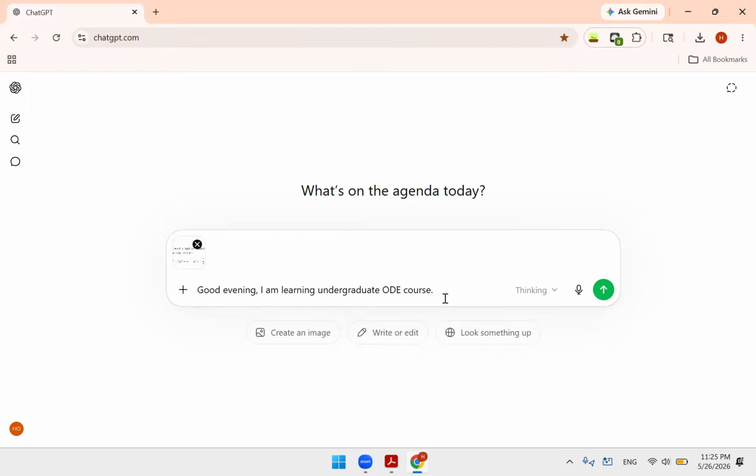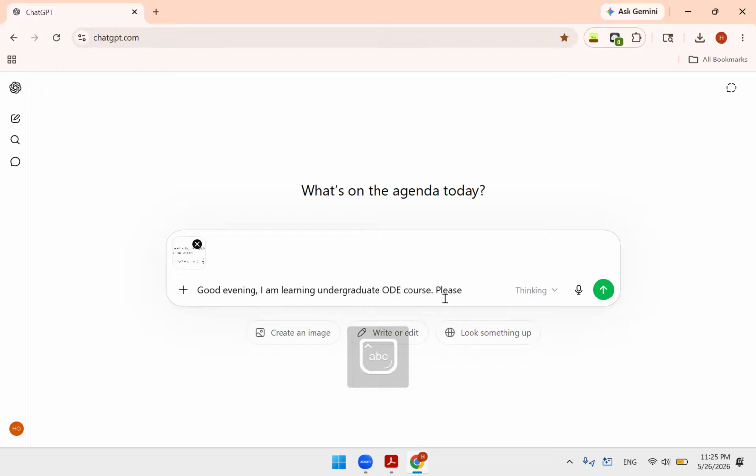Since we are learning undergraduate courses, I'm expecting the solution to only use undergraduate techniques. Let's say you are a high school student learning algebra, then you should mention that, and it would be better if you tell the AI which topic you are focused on. Now let's proceed to the main technique today.